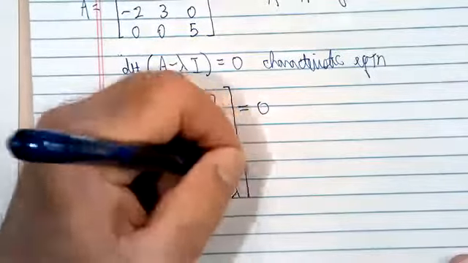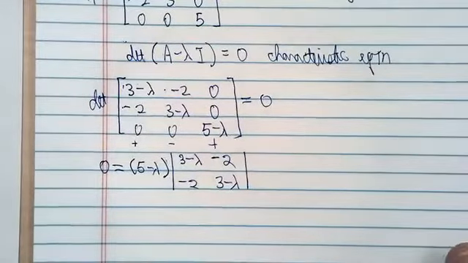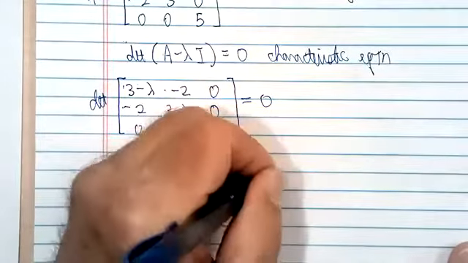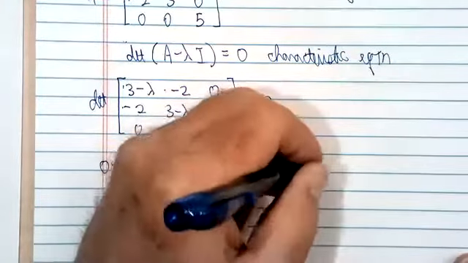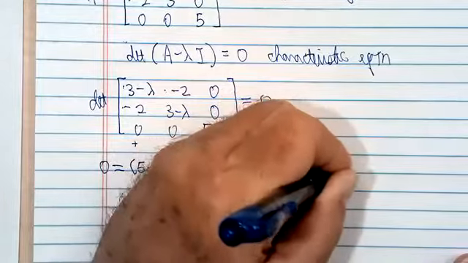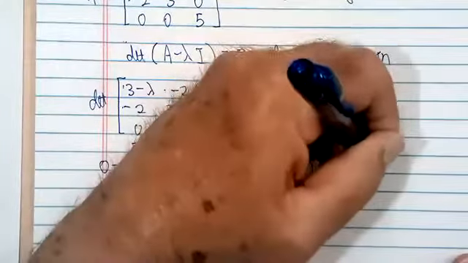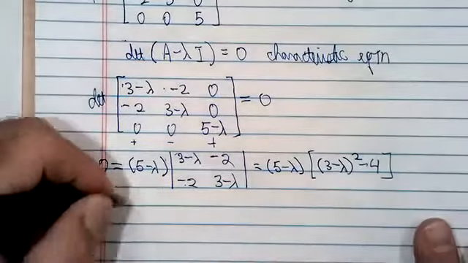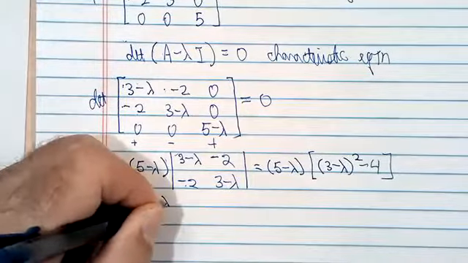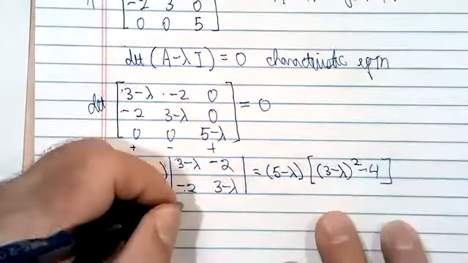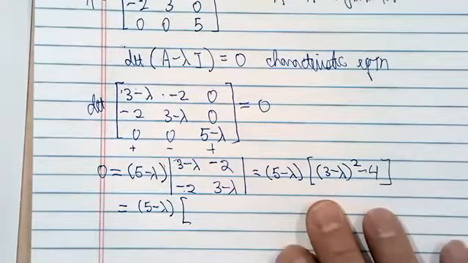And we want this to be 0. Okay, well, let's continue the calculation. 5 minus lambda. Now, down here, I get 3 minus lambda squared, and then subtract 4. So 5 minus lambda times, now inside of here, 3 minus lambda squared and lambda minus 3 squared are the same.